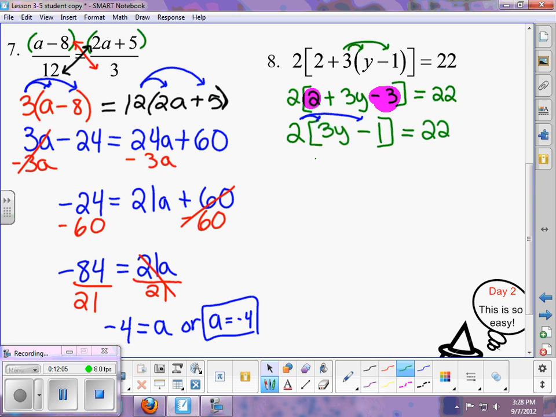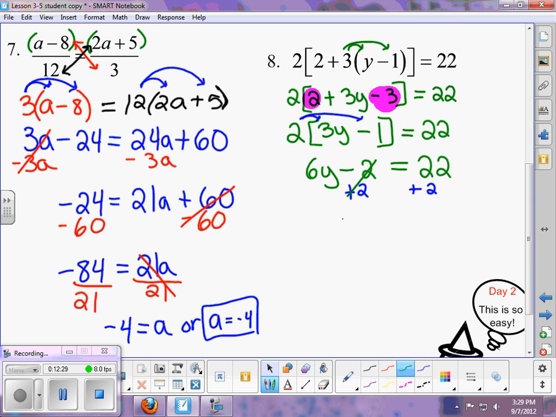2 times 3y is 6y minus 2 times 1 equals 22. Now this looks very easy. Our choices are get rid of the 6 or get rid of the 2. We know we must get rid of the 2 first because it's being subtracted. The opposite of subtracting 2 is to add 2 to both sides.